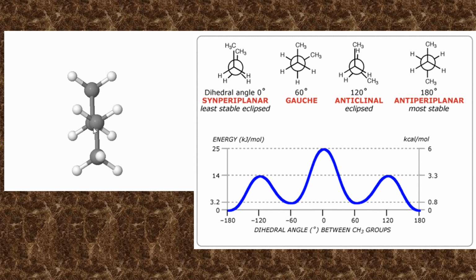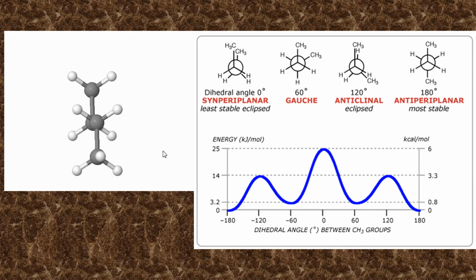Carbon number 1, 2, 3, 4, all the 4 carbon atoms are on the same plane, and the two methyl groups are in the opposite direction. So this conformation is called anti-conformation or anti-coplanar conformation.